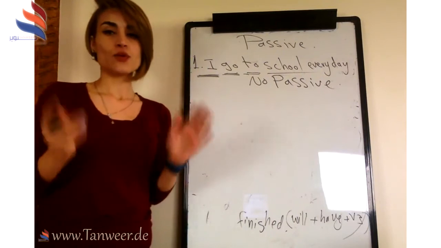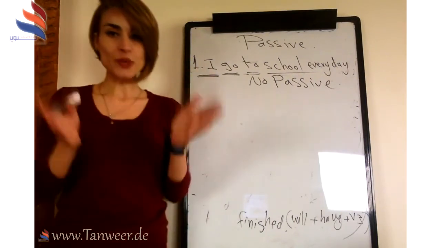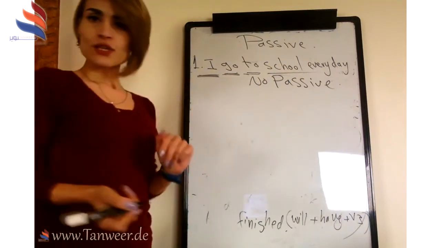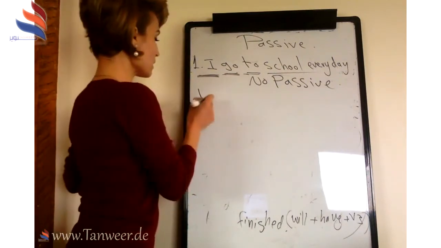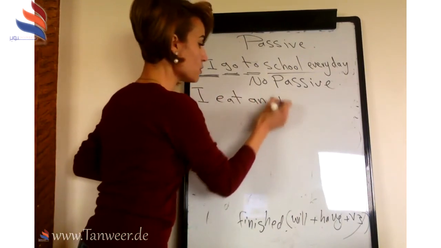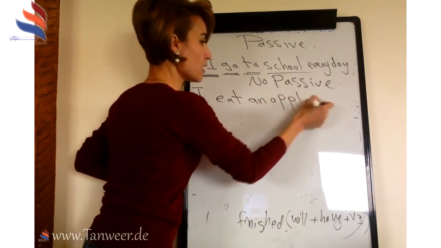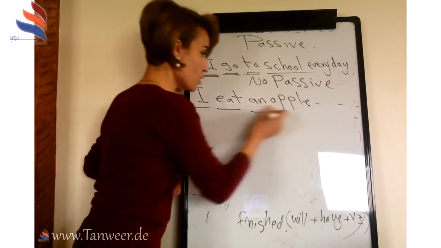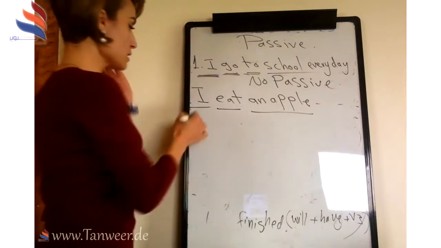So we agreed on one thing, that we need an object. I already gave you a sentence, right? I eat an apple every day.